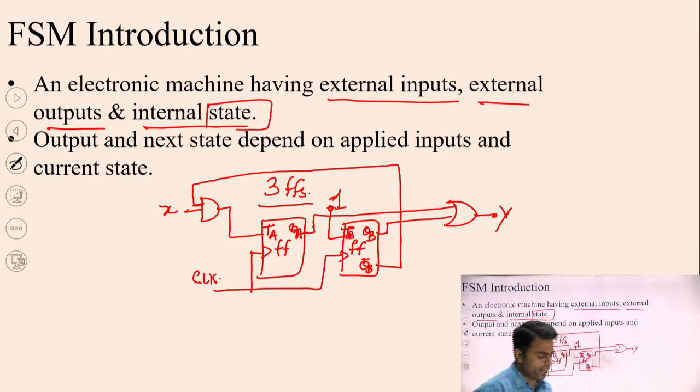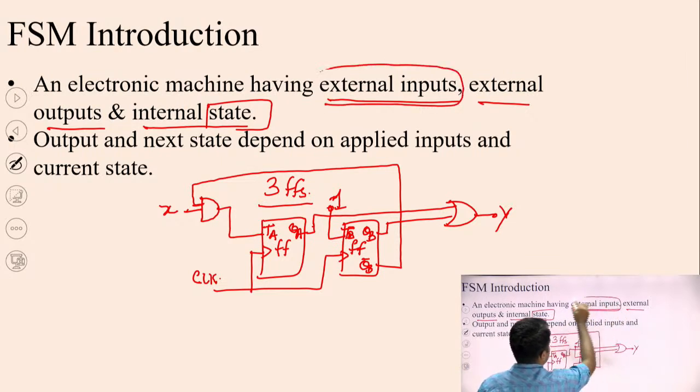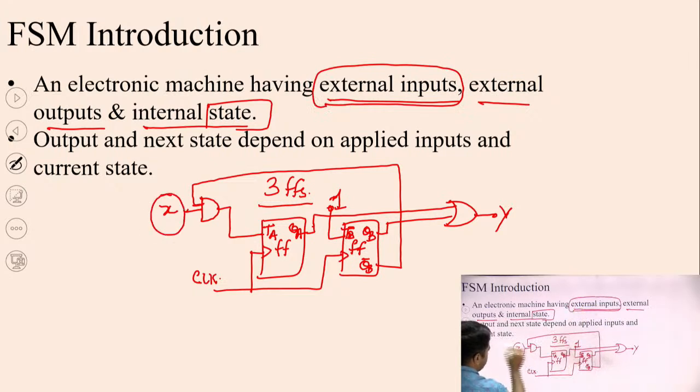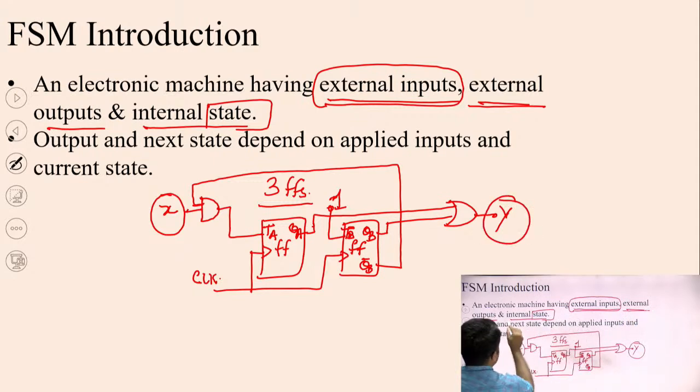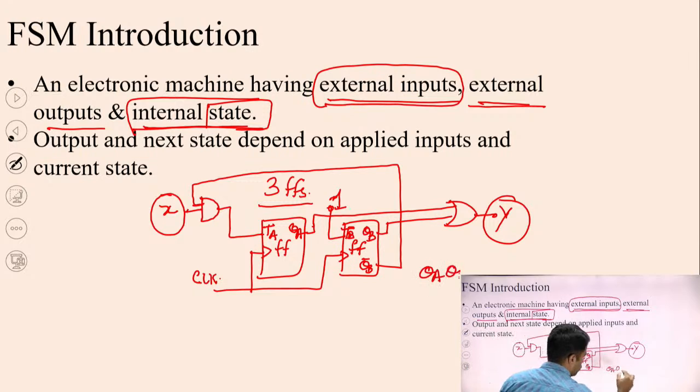Now, we are going to identify the external input, which is X, and the external output, which is Y. By internal state we mean that, for however many flip-flops there are, if we read their outputs together, that will be considered the state. There are 2 flip-flops A and B, with outputs QA and QB.